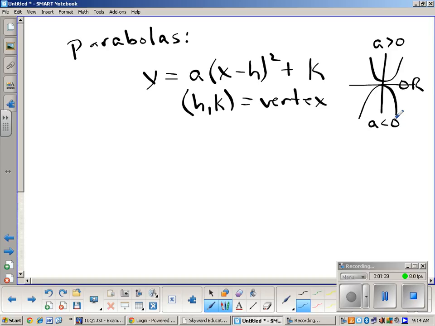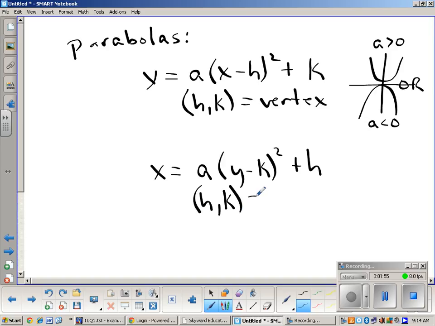The other model for parabola says x equals a(y minus k) squared plus h, where (h, k) is still the vertex. Okay?